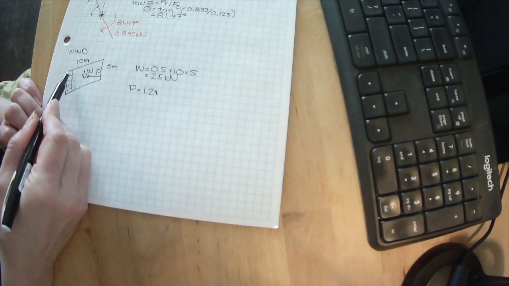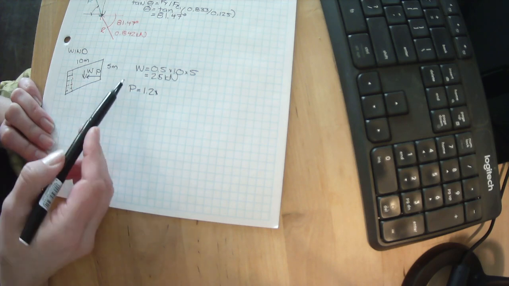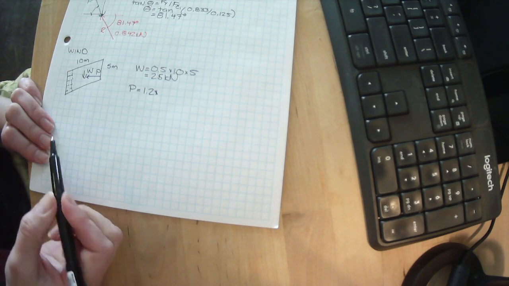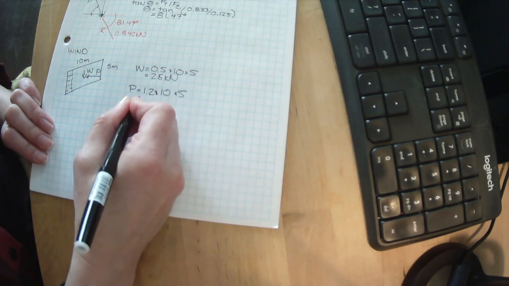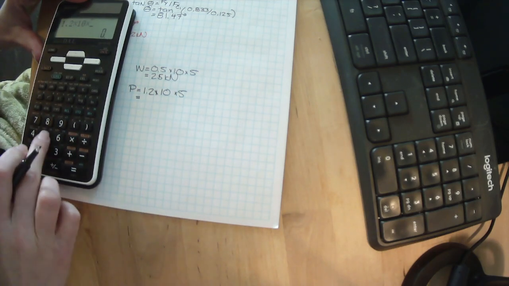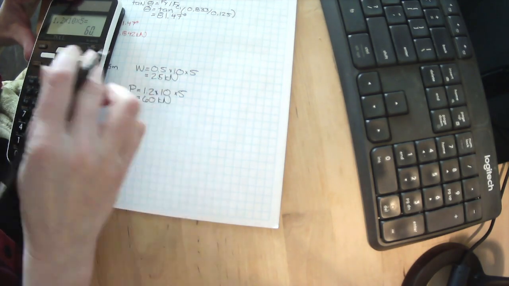So every 1 meter by 1 meter square of this billboard has 1.2 kilonewtons of load trying to push this billboard over, or 10 times 5. So 1.2 times 10 times 5 equals 60 kilonewtons.